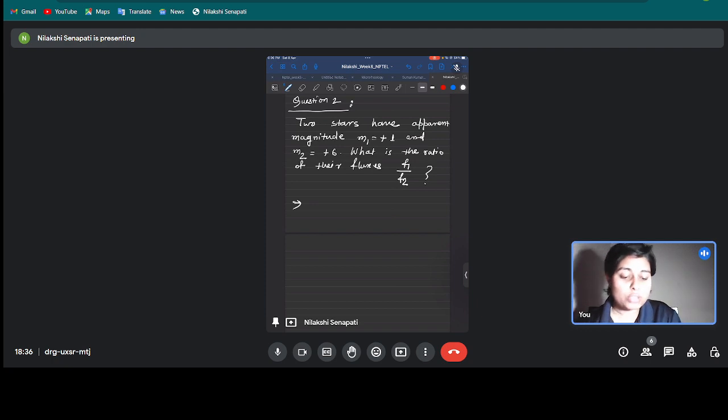The relation between apparent magnitude and flux density is m equals some constant c plus 2.5 log of the flux. Yes, this was the thing, right?